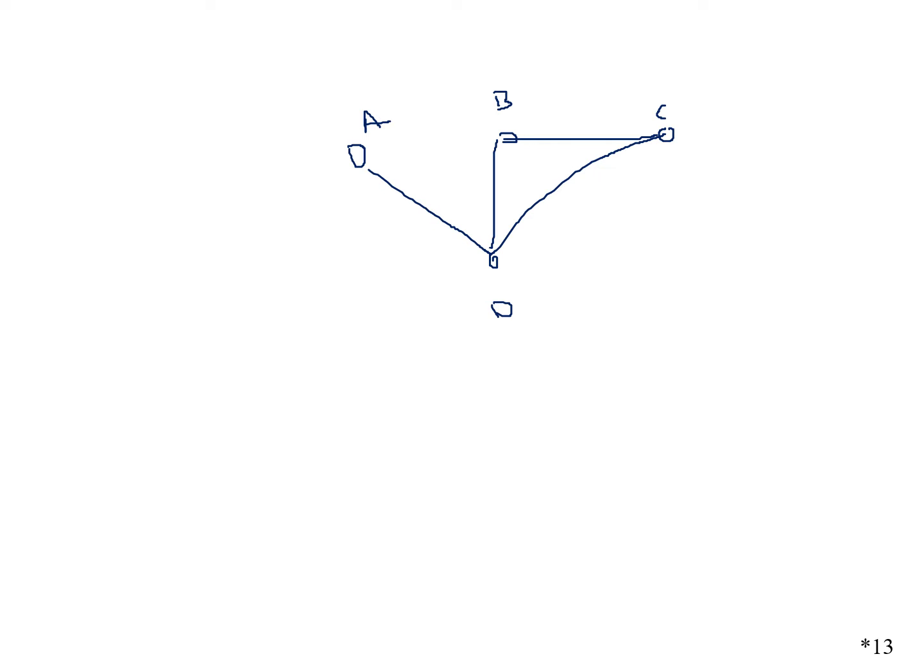So A must maintain a table, the routing table. A will maintain which one is the immediate neighbor, the D. D is the immediate neighbor of A, and there is one hop. And how about C? A can connect to C via D.